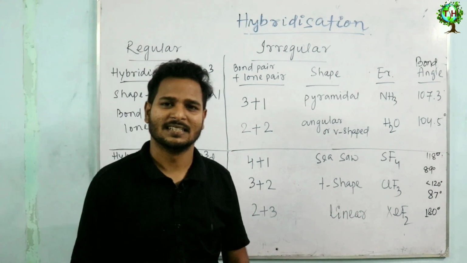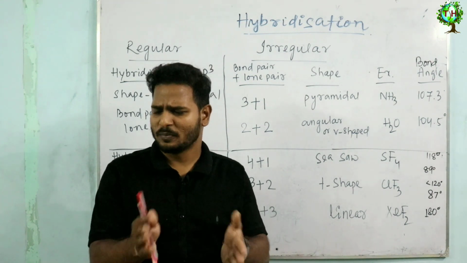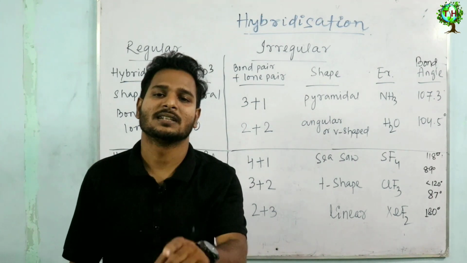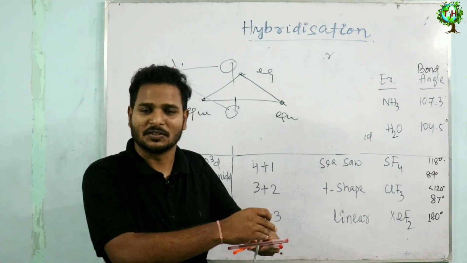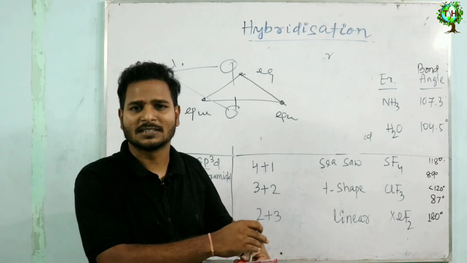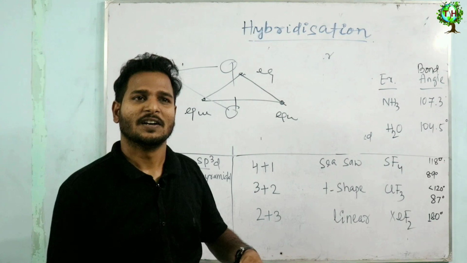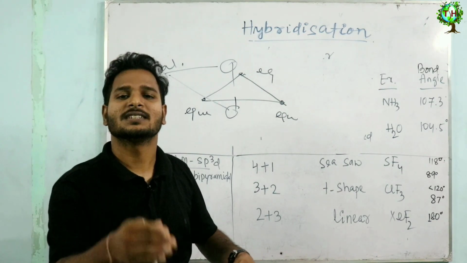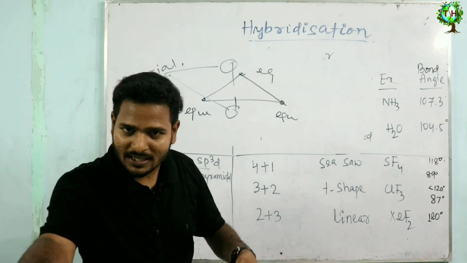But there is a question. In a trigonal bipyramidal structure, no doubt we place lone pairs instead of bond pairs, but which position does the lone pair occupy, axial or equatorial? There are 2 sites, axial and equatorial.